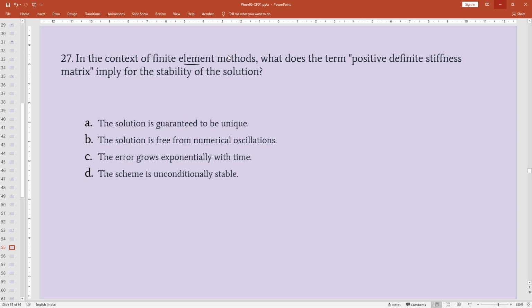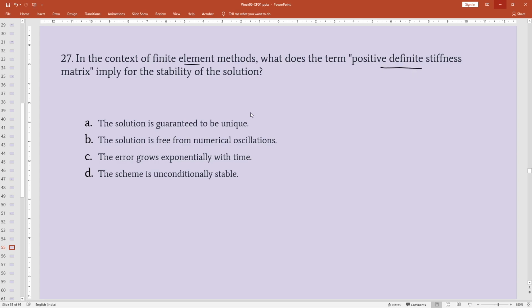As in finite element method, you know how stiffness matrices and all those things are developed, and similar to the finite difference method and finite volume method, in finite element methods the stability criteria is mostly connected to this positive definite stiffness matrix.